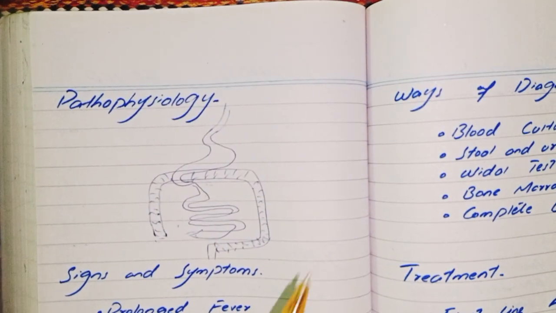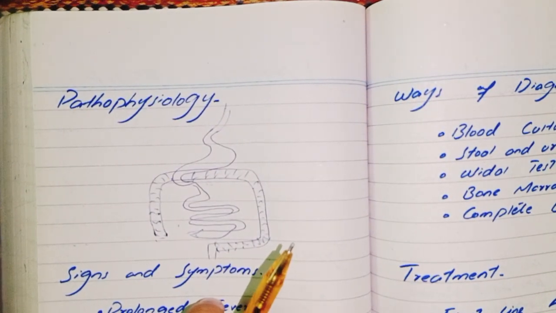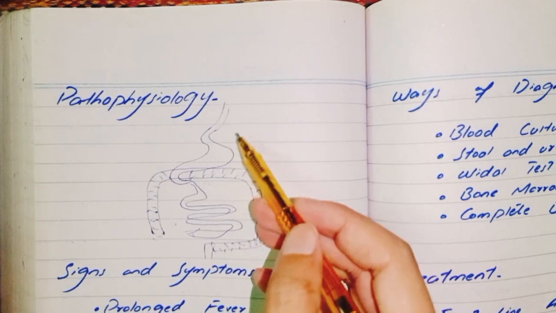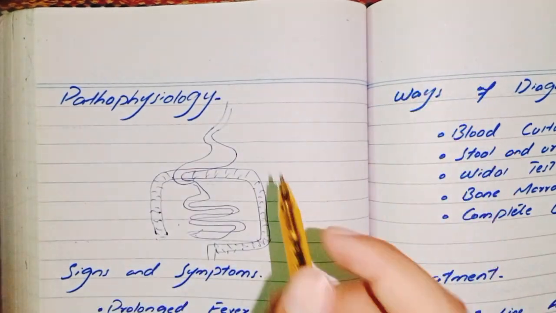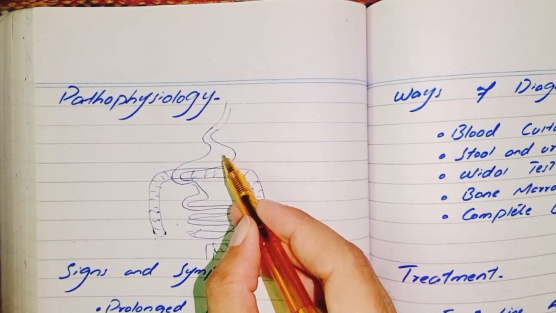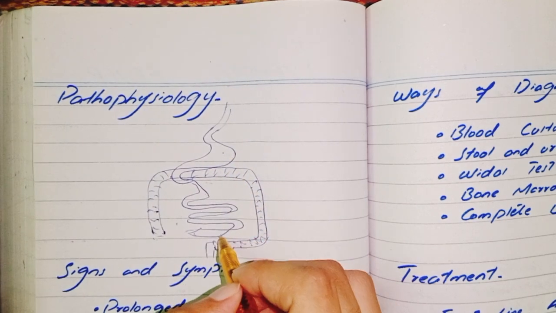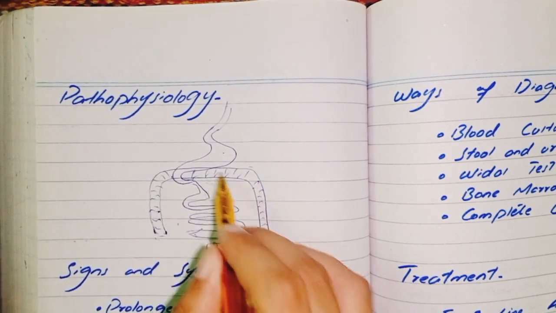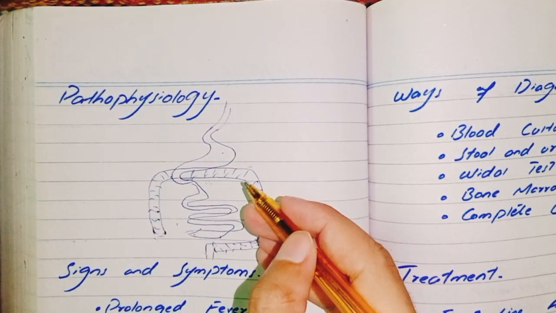The pathophysiology of typhoid fever is very important. Let's consider my drawing. This is our stomach, this is the small intestine, and this is the large intestine. This is a rough drawing.